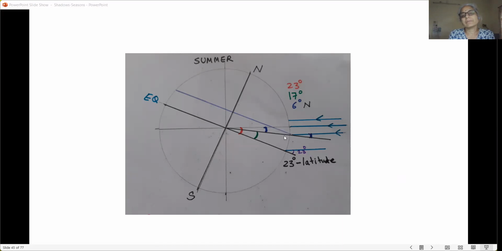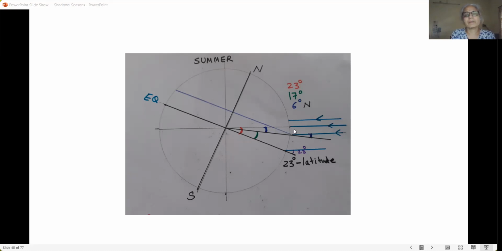So this is the vertical at that spot, and here you can see that according to this geometry, this angle is equal to 23 degrees minus the latitude, that is minus 17. So this angle here is 6 degrees. And so the sun makes an angle of 6 degrees, and it lies towards the north in summer.